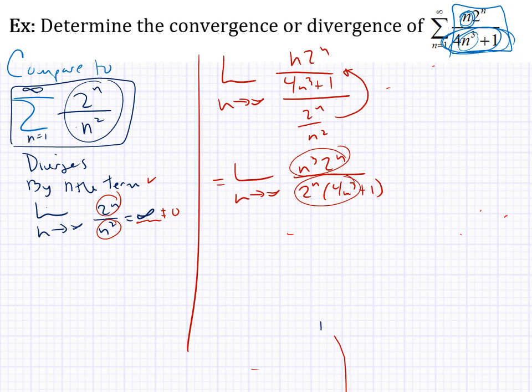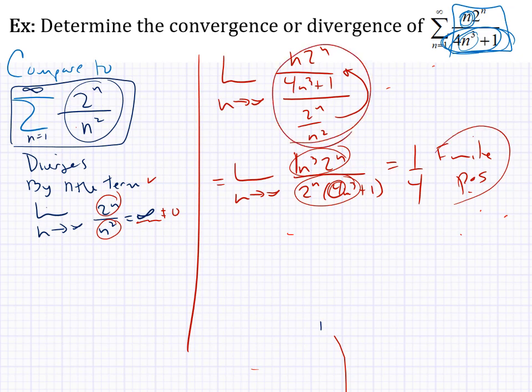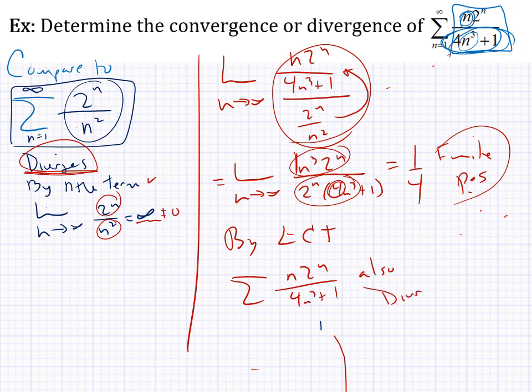They're going to grow at the same rate. So if I divide the leading coefficients, 1 and 4, that should be the answer I get here, which is a finite positive value. So because I got a finite positive value from the quotient that I did with the limit, then both should behave the same way. Remember, this thing diverges. So then by limit comparison test, the sum of n 2 to the n over 4n cubed plus 1 also diverges.